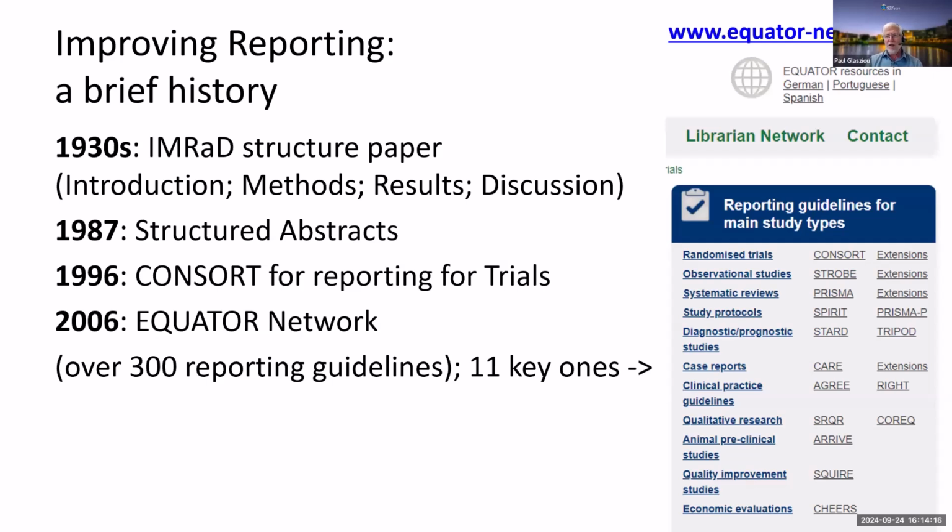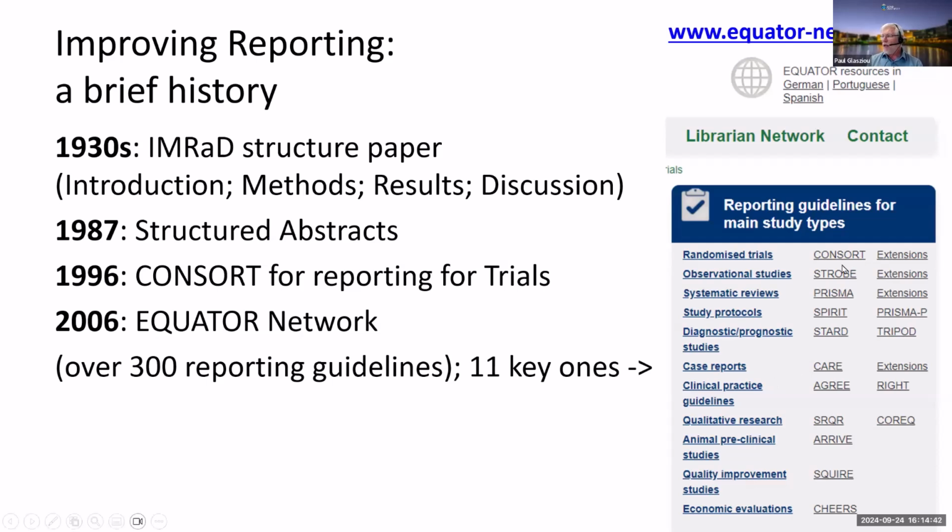So the Equator network that Tammy, Matt and I are part of now has over 300 reporting guidelines on its website. And on the top right-hand corner there, if you want to go to that, that's the Equator network website, which keeps a repository in Oxford of all of the reporting guidelines that they've identified that meet some minimum standards.